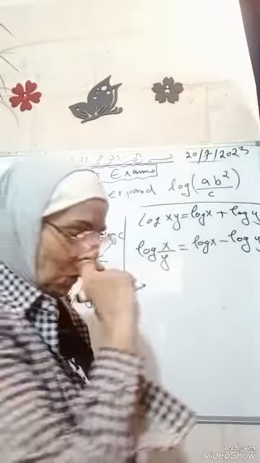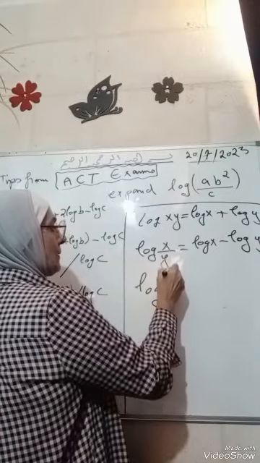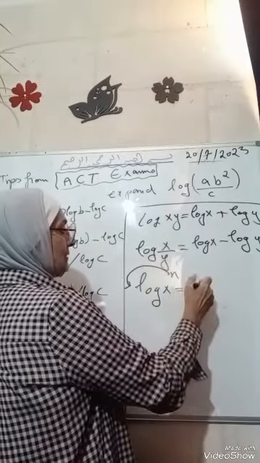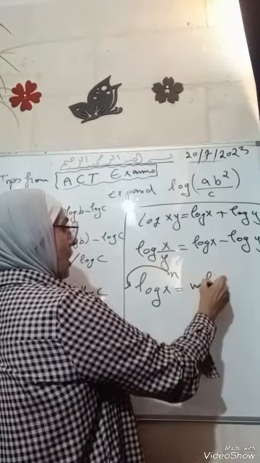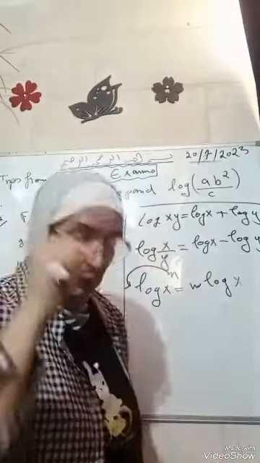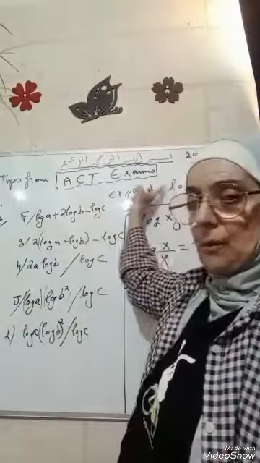And the last law I need is log of x to the power n. This n has to be moved in front, such as n log x. Those are the rules in logarithms that I needed to solve this problem.